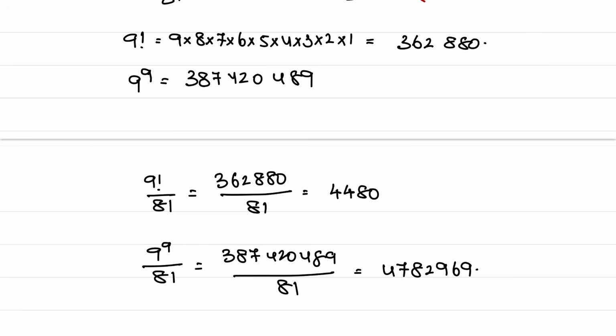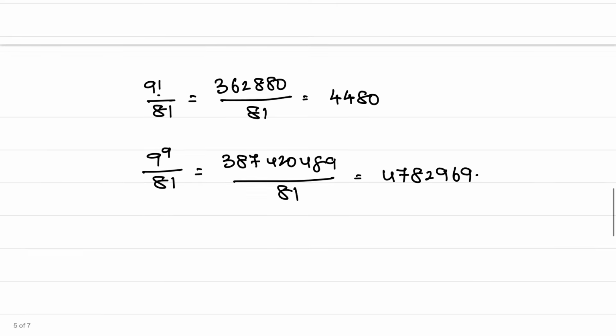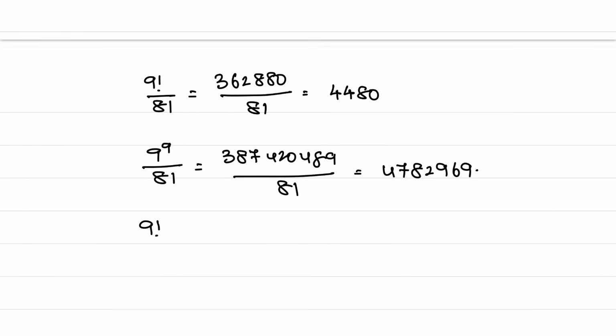Now, what is the value of 9 factorial into 9 to the power of 9 divided by 81? It is equal to 9 factorial into 9 to the power of 7. If you want, you can convert into numbers.